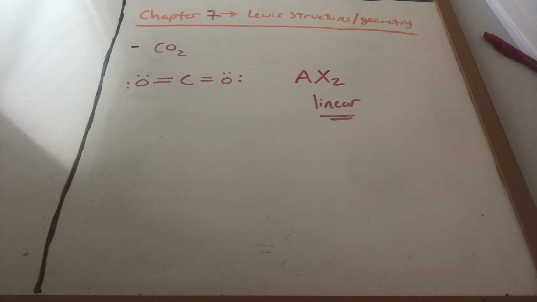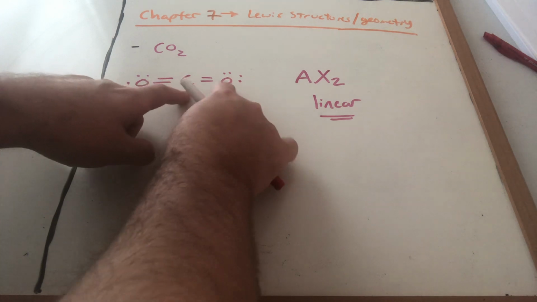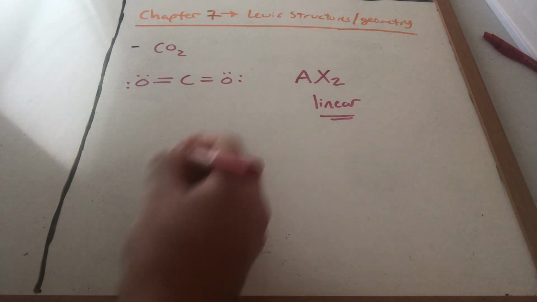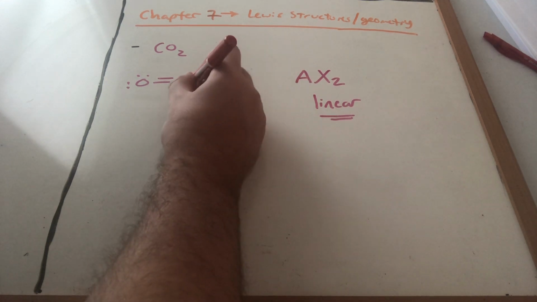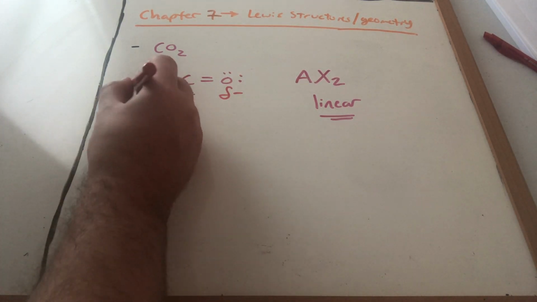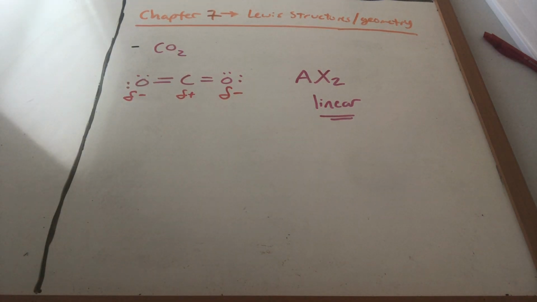All right. Now let's try to decide if this guy is polar or not. So we look at the structure and look at each bond separately and try to see if there are electronegativity differences. And the answer is sure. This is going to be partially negative. This is partially positive when I look at that. Oh, and the same thing happens here when I look at that O and that C. Now, here's the thing.